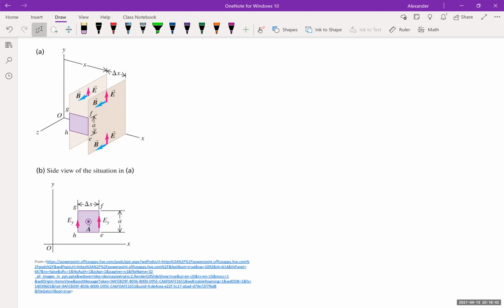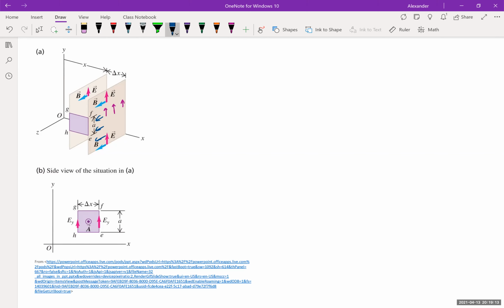So that's what is being shown here, two drawings of the electric and magnetic fields that we're considering, and they are the same across the plane. The electric field is uniform on this plane, and so is the magnetic field everywhere on that plane.